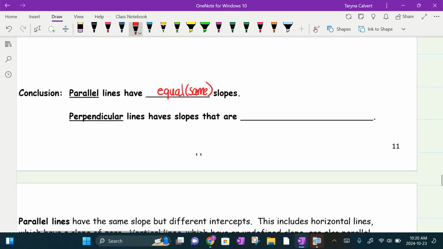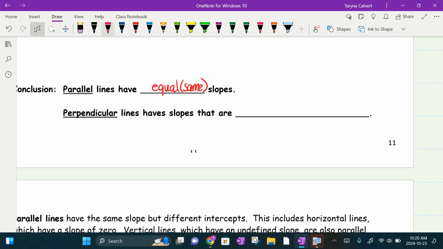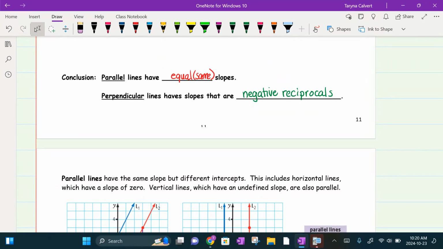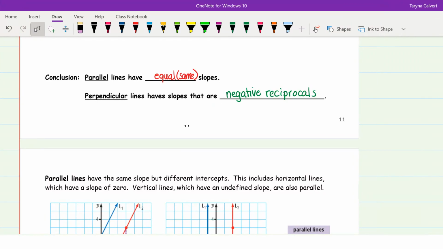And perpendicular lines have slopes that are negative reciprocal, negative flipped, whatever. So that information is key to be able to answer the style of questions that we're going to do next.